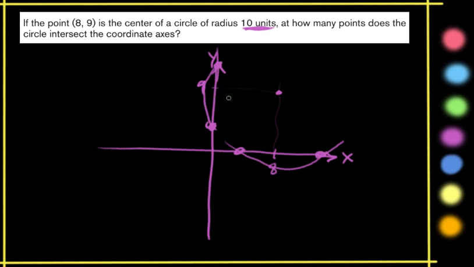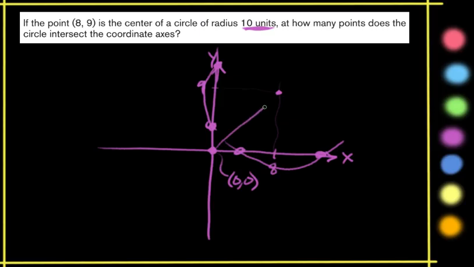So the only remaining thing we have to be careful about is if these intersections happen at the same time. Like, for example, if it hits the origin, (0, 0), then you would have to subtract 1, right? Because it would hit the x-axis and the y-axis at the same location. And then instead of having 4 intersection points, you'd only have 3.